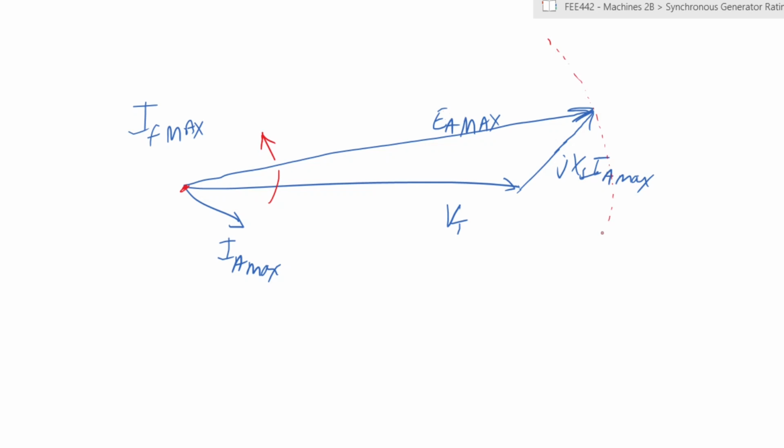The value of EA would move along that locus, right? So this is the limit of field current IF, and by extension, the limit of the voltage.